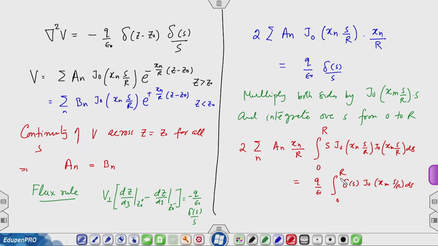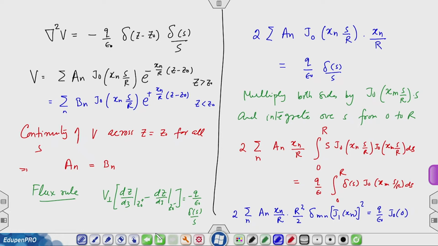By using the orthogonality condition for Bessel functions, the left hand side becomes 2 summation n a_n x_n over r, r squared by 2 delta_mn J1(x_n) whole squared, is equal to q over epsilon 0 J0(0). J0(0) is 1.